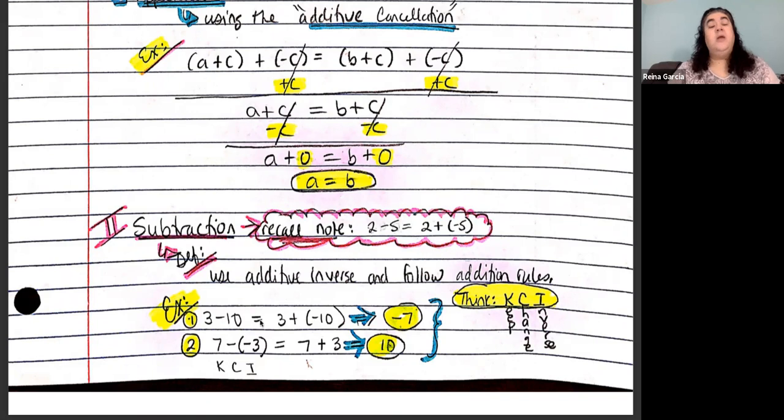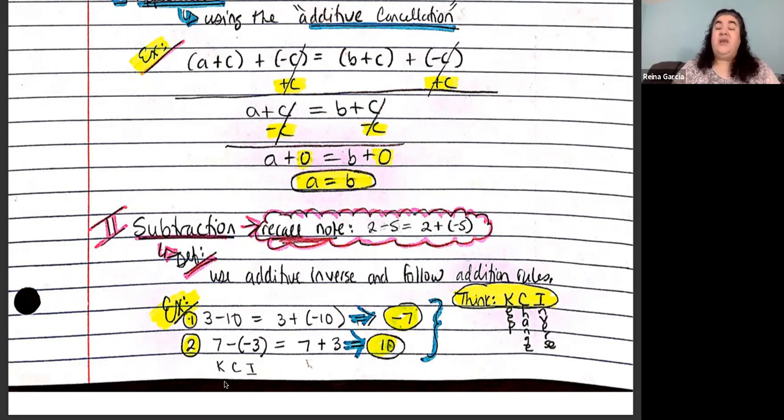Okay? Same thing here. If I've got 7 minus a negative 3, if I use the additive inverse, this is really 7 plus, and what is the inverse of a negative 3? A positive 3. So 7 minus a negative 3 is really 7 plus 3, and that's 10.